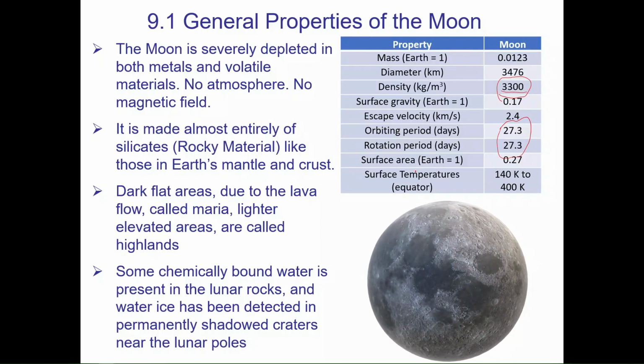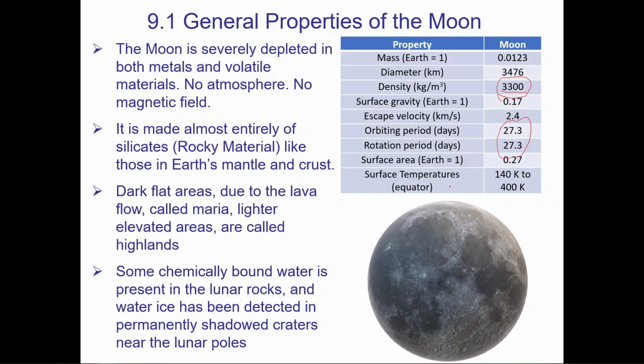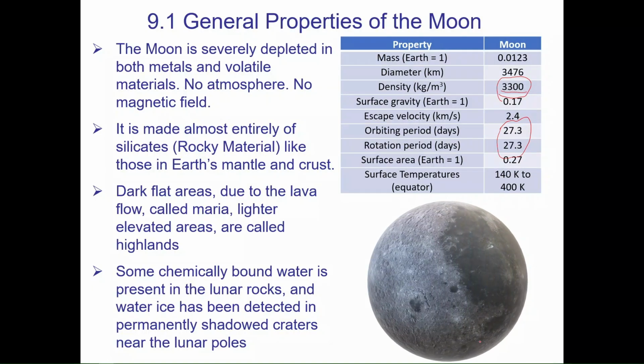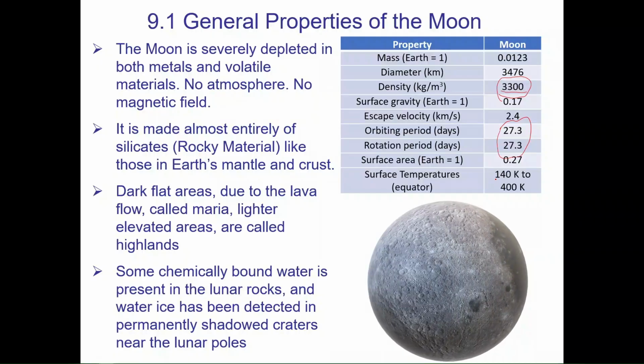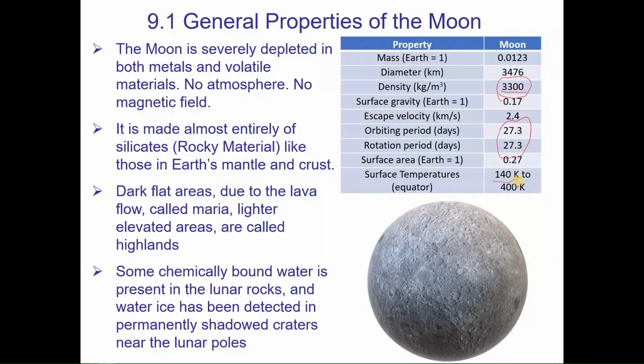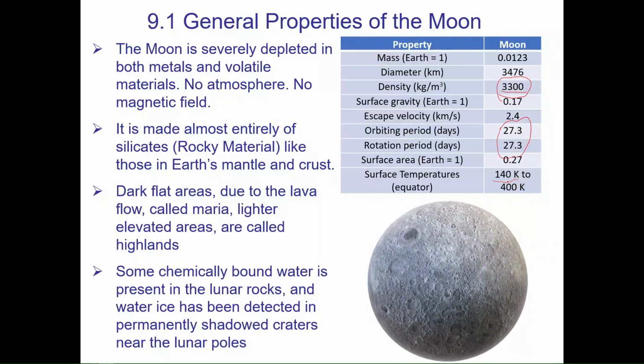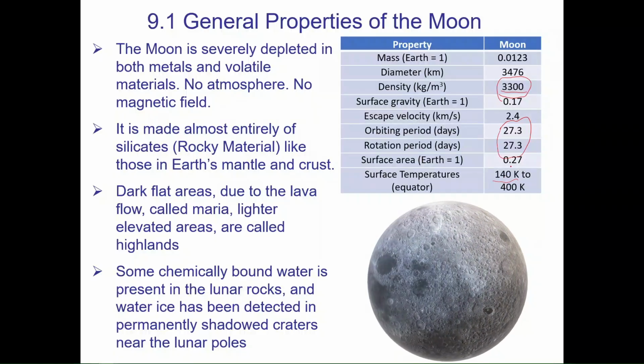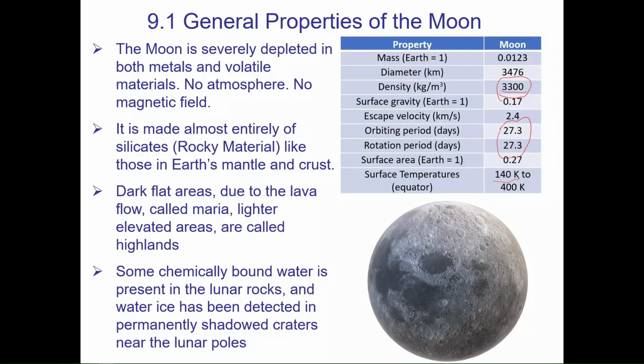Remember, those numbers are for the equator of the moon. If you travel to the north pole or south pole of the moon, the lowest temperature will be even colder. So you can imagine that water will be frozen at this temperature.